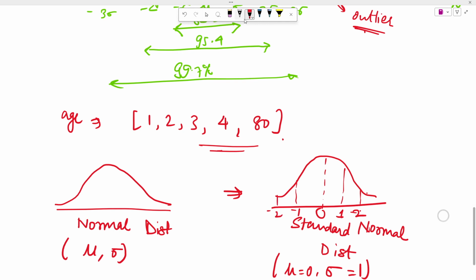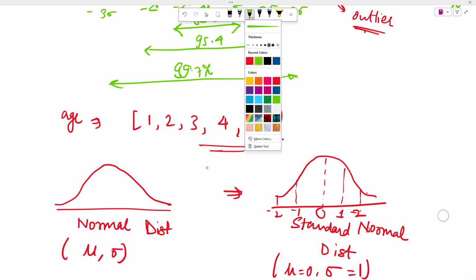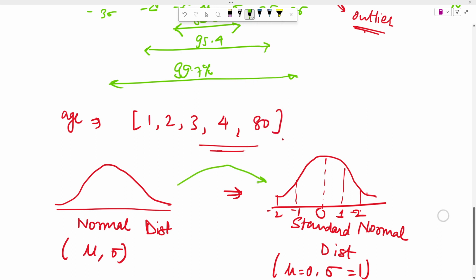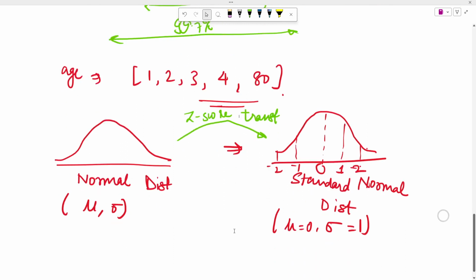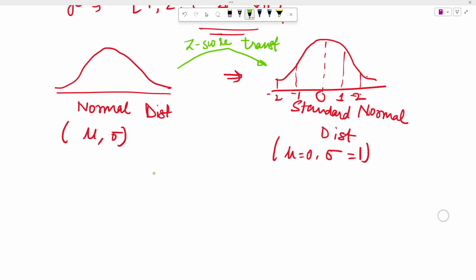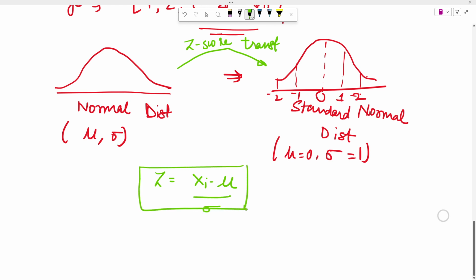If you want to do this transition from normal distribution to standard normal distribution, you do a z-score transformation, right? For the z-score transformation, there exists a formula: z is equal to (xi minus mu) upon standard deviation, right?